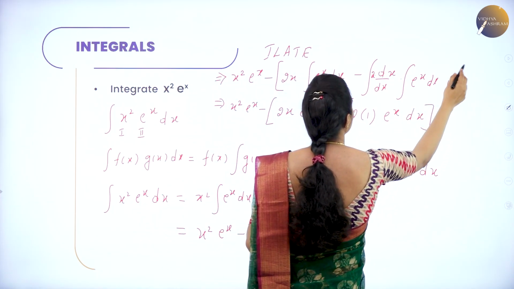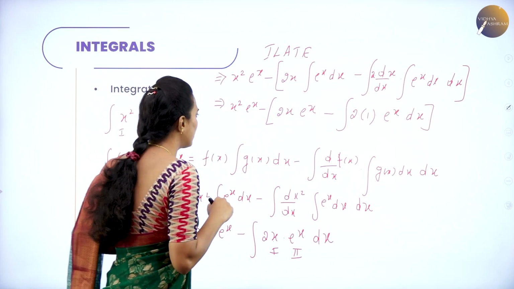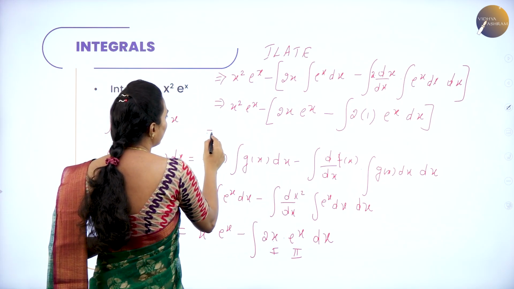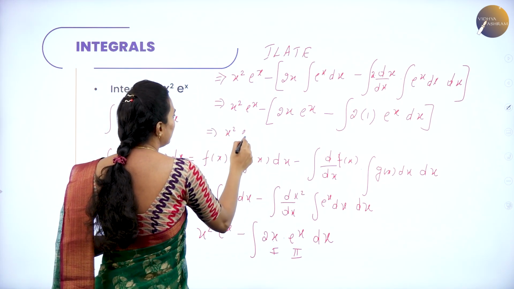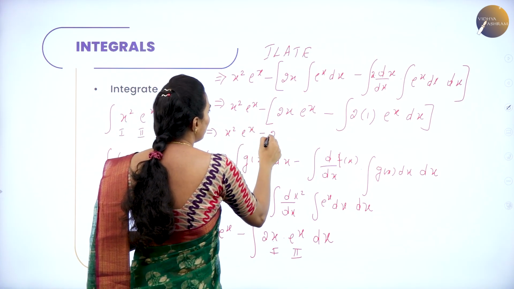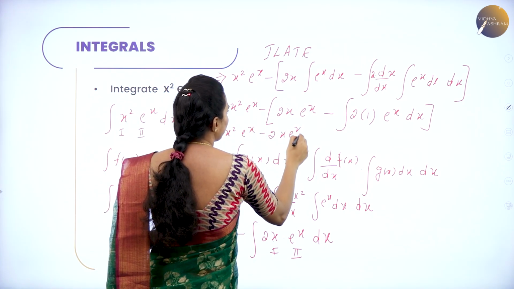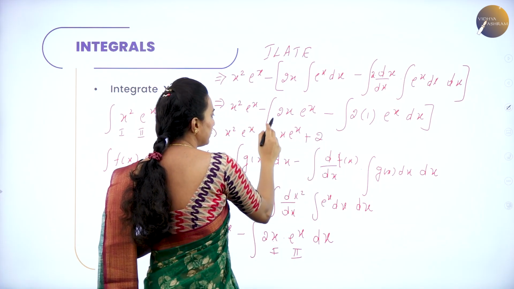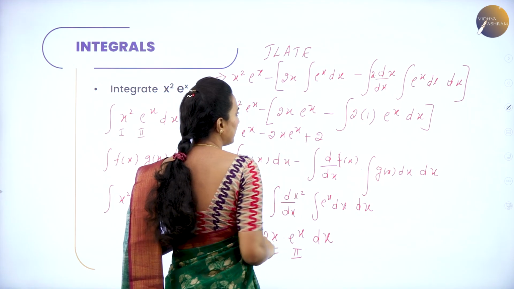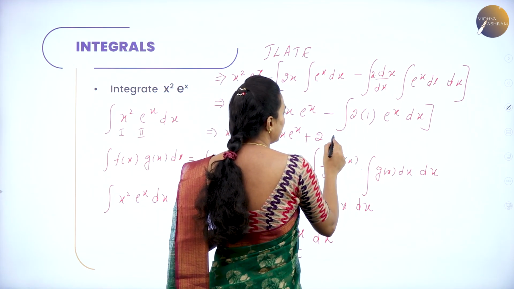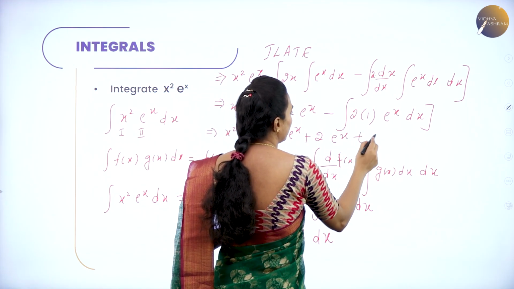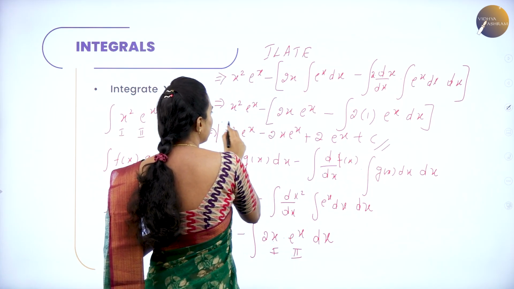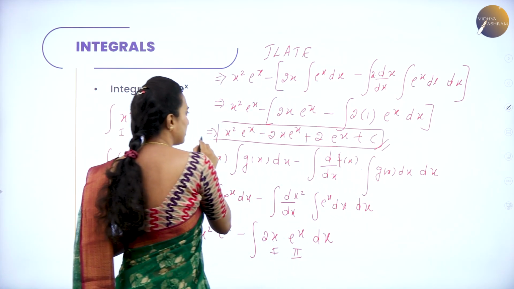Close the bracket because you are having minus sign multiplication, which implies the answer for this one is x squared into e power x minus 2x into e power x. Minus into minus 2. Be careful, minus into plus is minus, minus into minus is plus. 2 into e power x integration is e power x plus c. And this is your final answer, dear students.